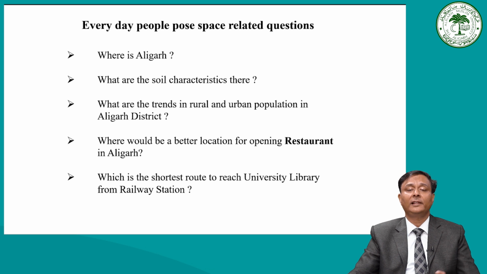Another example: soil characteristics of Aligarh. Here it requires knowledge of many other attributes, characteristic features of the location, like drainage, the kind of parent rock which forms the soil, the geology of the location, climate of the location, etc., to explain the physical setting of any location. Another question I would pose is about rural urban population.